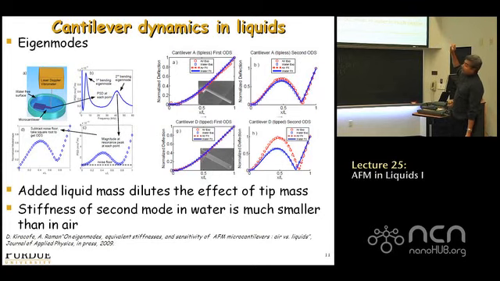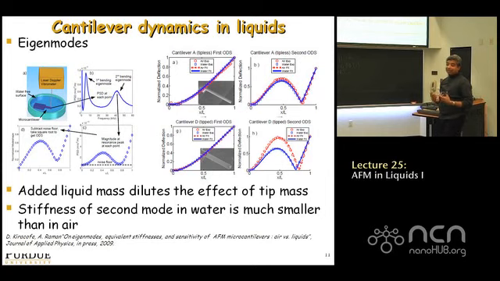But when you go to the second mode of a tipped cantilever, so a cantilever with an AFM tip on it, you actually find, as you see in the rightmost column at the bottom right, the eigenmode shape of the second mode is very different in air versus water. What this means is that if you want to do a thermal calibration or a stiffness calibration of the second mode, you better do it in water as opposed to in air.